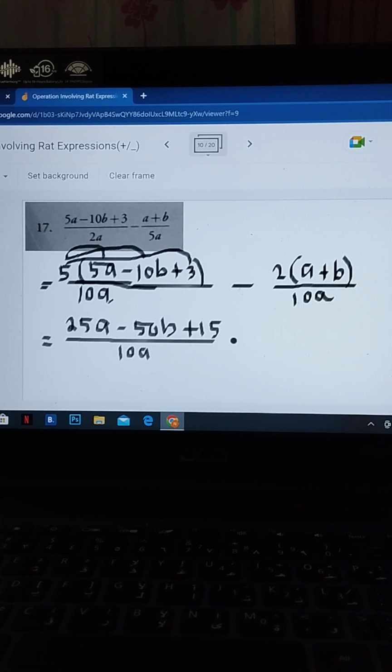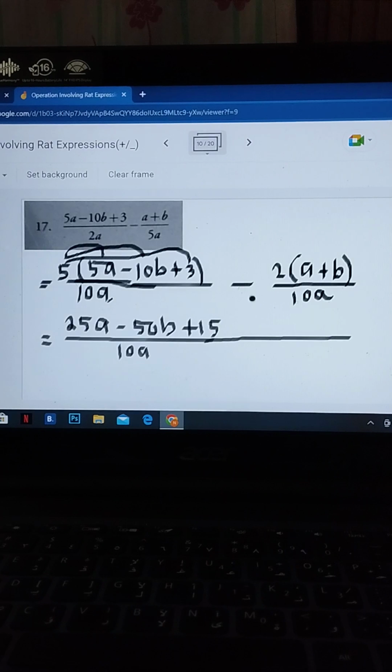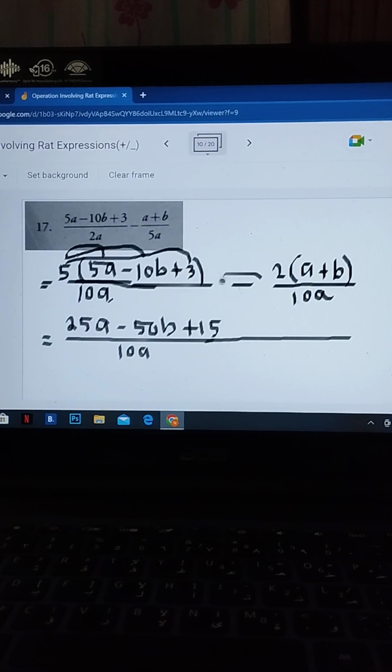Okay, so since the denominators are equal now, just copy the same denominator. Okay, and then continue this one, negative 2. So you will consider this sign now as the sign of the 2.